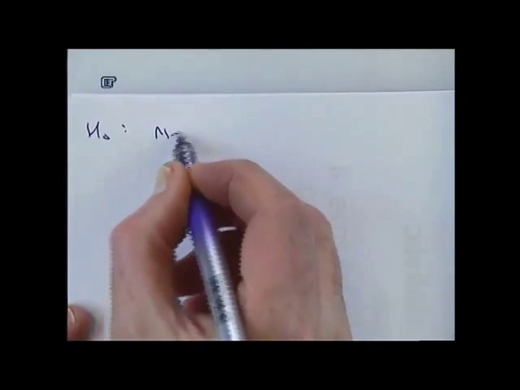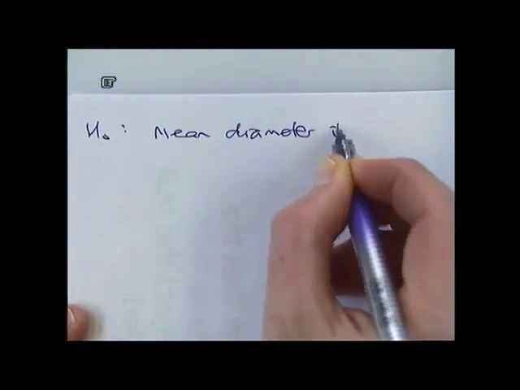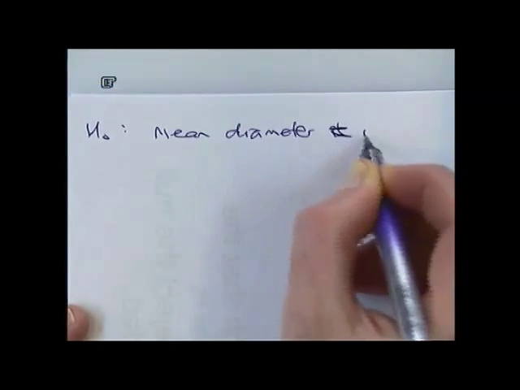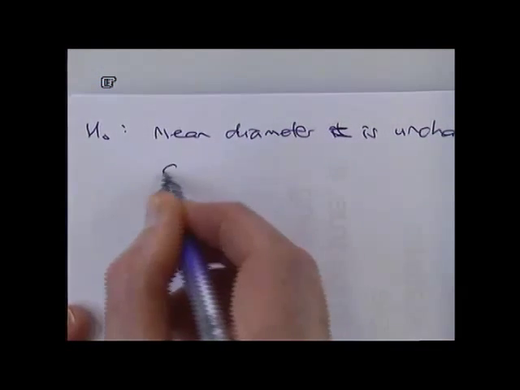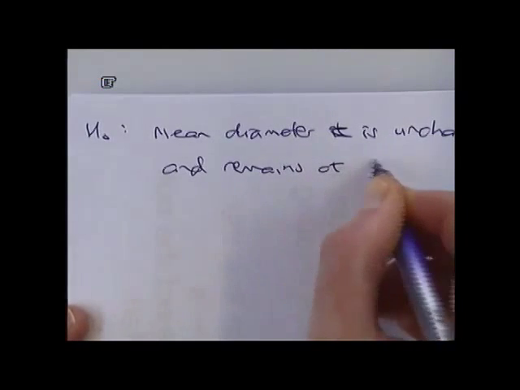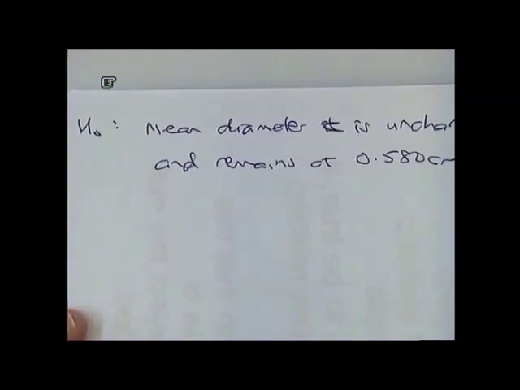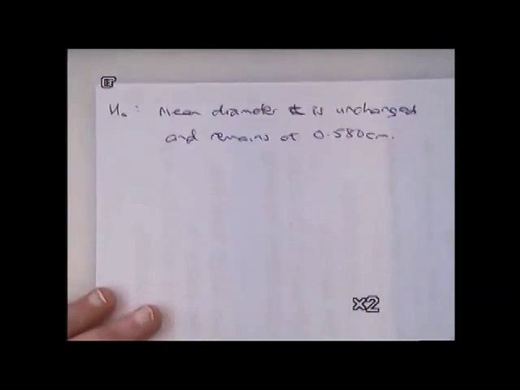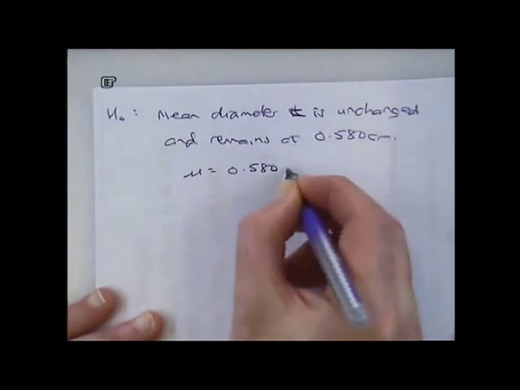So H0 is: the mean diameter hasn't changed, so it's unchanged and remains at 0.580 centimetres. In stat speak, in other words, mu equals 0.580 centimetres.